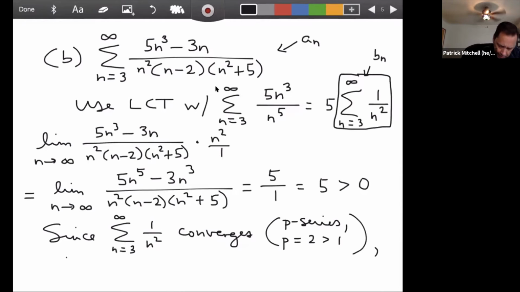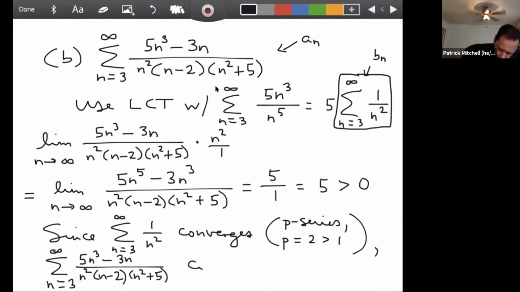All right, that means that the given series, the sum n equals 3 to infinity of 5n cubed minus 3n over n squared times n minus 2 times n squared plus 5, also converges by the limit comparison test.